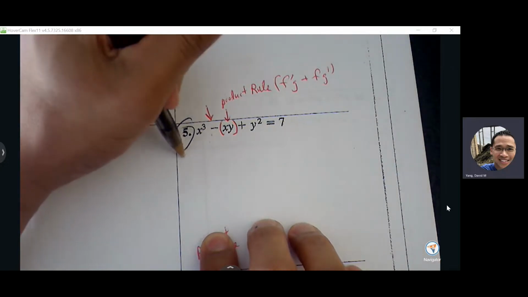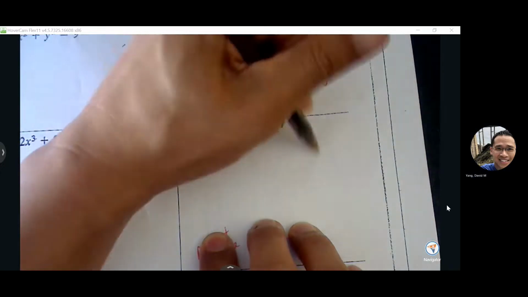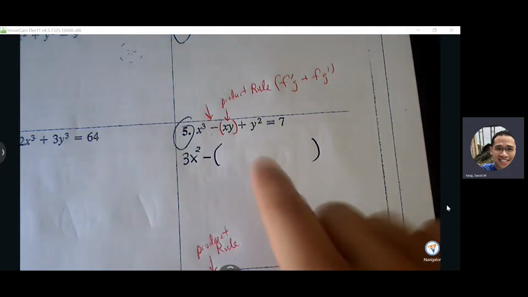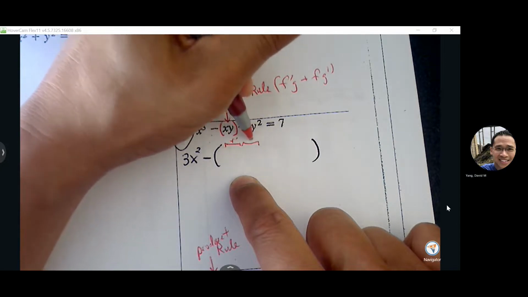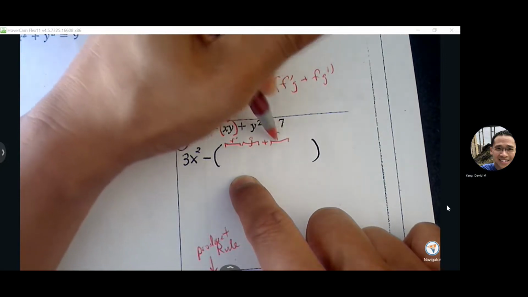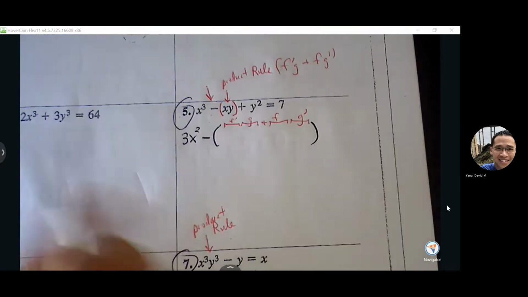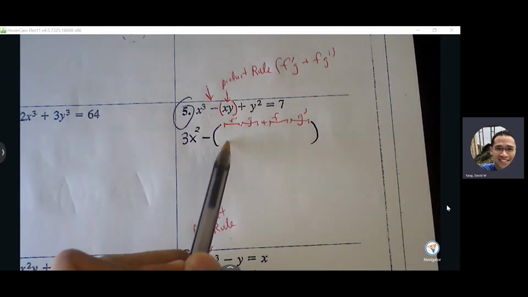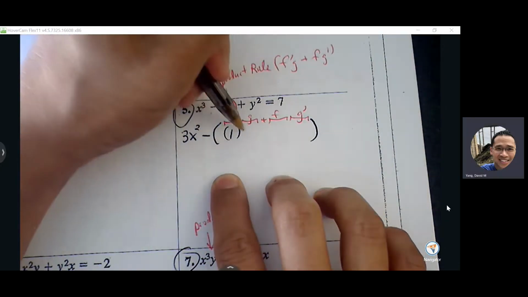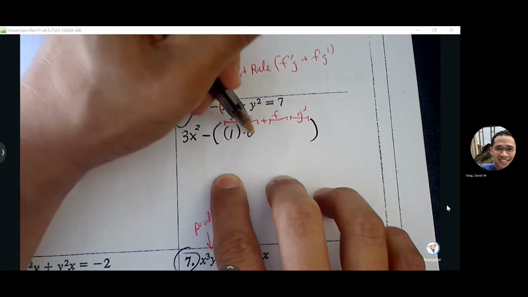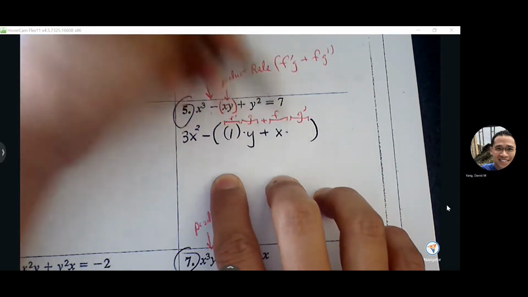x cubed becomes 3x squared minus, I'm going to create a big set of parentheses for my product rule to live in. Okay, f prime: 1, good. g function, no changes. f, no changes.